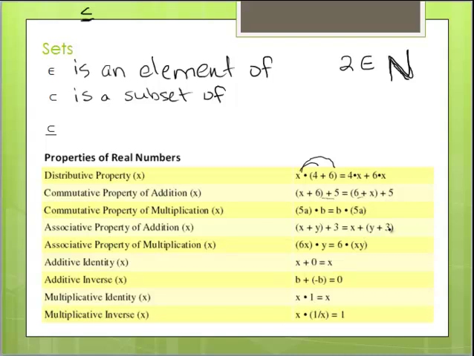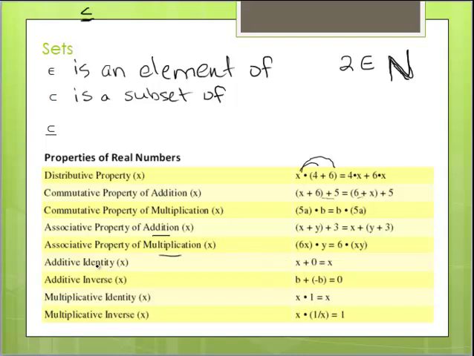X, y, 3 still the same order, however, on the right hand side, the y plus 3 is grouped together. Here the same thing, you have 6xy, 6xy, but here the 6x is grouped and here the xy is grouped. So for addition and multiplication, you can group them differently, or you can order them differently, and you still get the same answer.